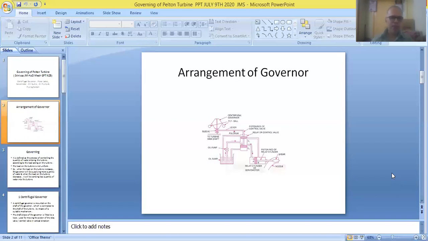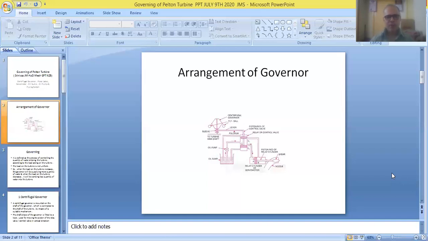So 2 pipelines for conveying the oil from the reservoir into the first cylinder, 2 pipelines for conveying and receiving oil between the first cylinder and the second cylinder, and the last 2 pipelines for conveying oil from the first cylinder into the oil reservoir. As a whole, these are the various components of the governing arrangement.